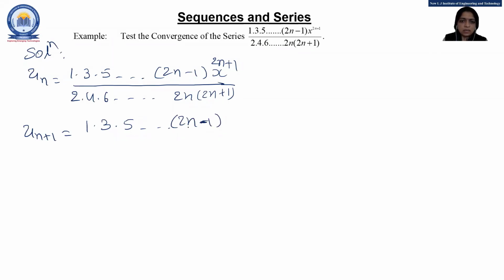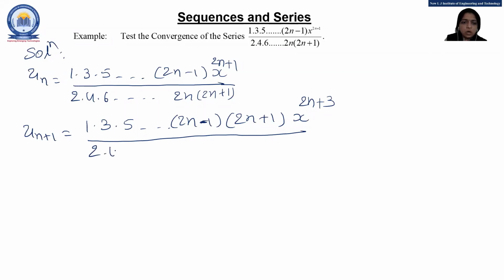Okay, so if I replace here n by n plus 1, so that is 2n plus 2 minus 1, that is 2n plus 1, and in the new power, x raised to 2n plus 2 plus 1, so x raised to 2n plus 3, and in the denominator 2.4.6 up to, if I replace here n by n plus 1, then this is 2n plus 2, and here if I put n by n plus 1, then that is 2n plus 3, right?